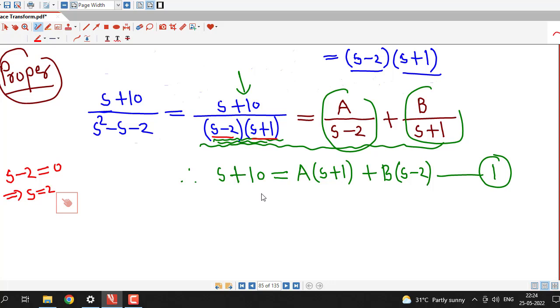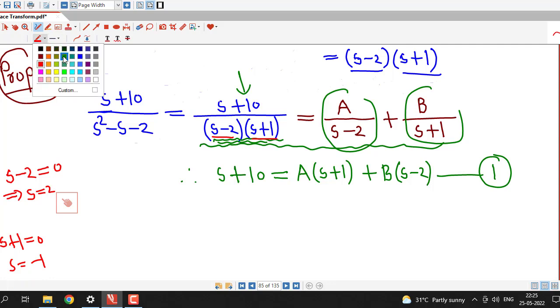So I will put s equal to 2 in equation number 1, and similarly if I take s plus 1 equal to 0, then I will obtain s equal to minus 1. First I put s equal to 2 in equation 1.